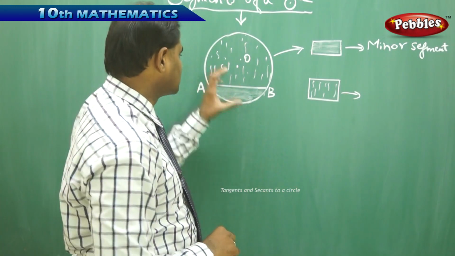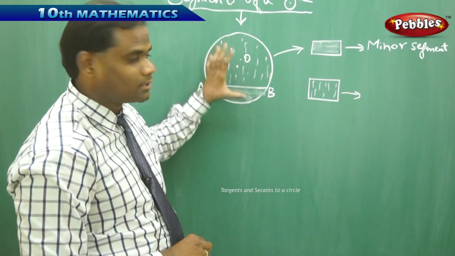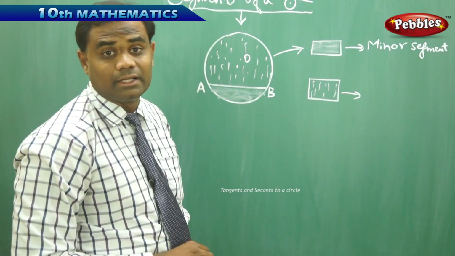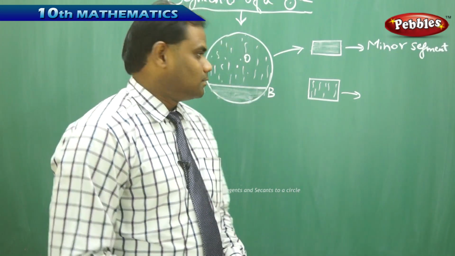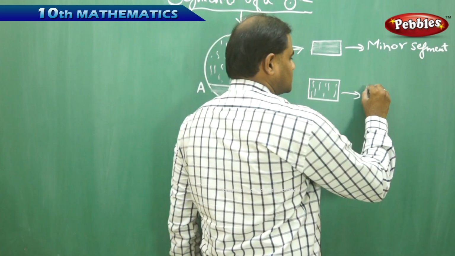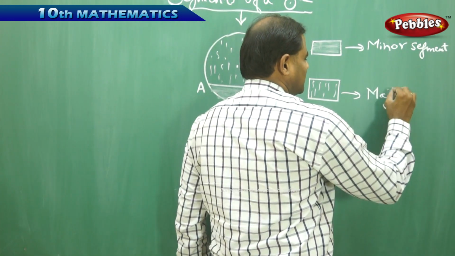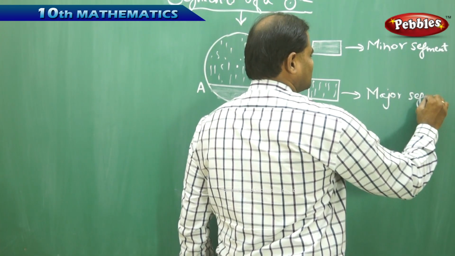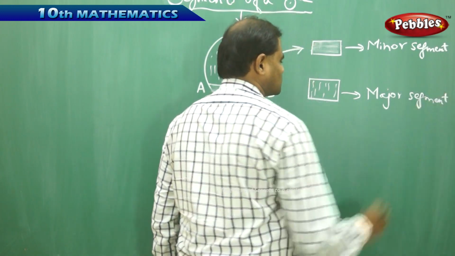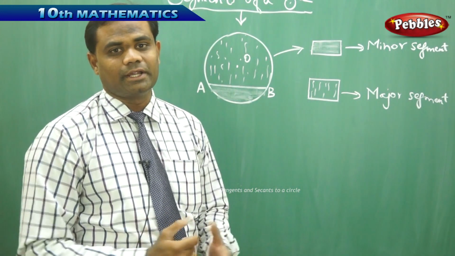The reason being that this is minor in shape and this is major in shape. Now, let's see what this shaded region is called.